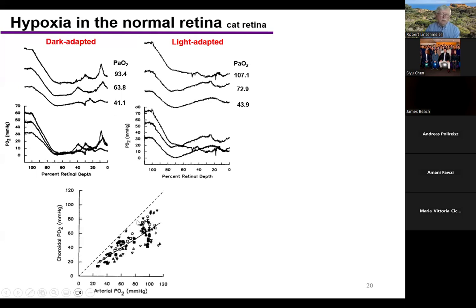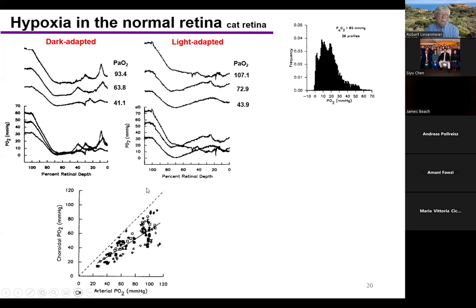So the choroidal PO2 is unregulated and just decreases as the arterial PO2 decreases. In the inner retina, there's very good regulation of PO2.